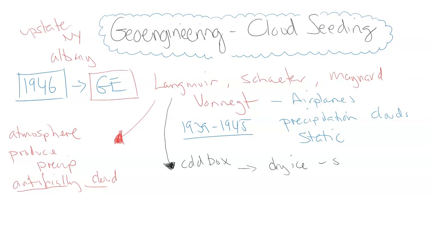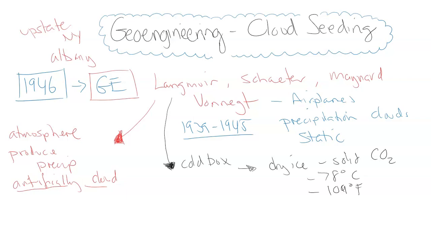Now, dry ice is solid CO2, and it is a very cold temperature. It's negative 78 degrees centigrade, or negative 109 degrees Fahrenheit. So it's extremely cold. If you were to touch it with your bare hands, your skin would instantly feel the cold, and frostbite would set in very quickly.